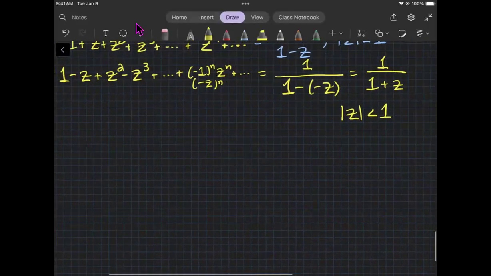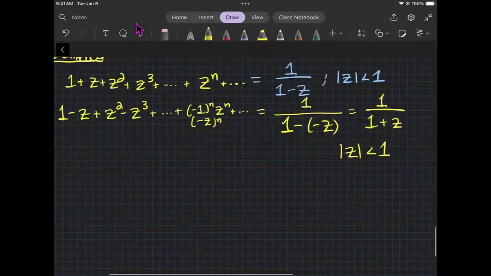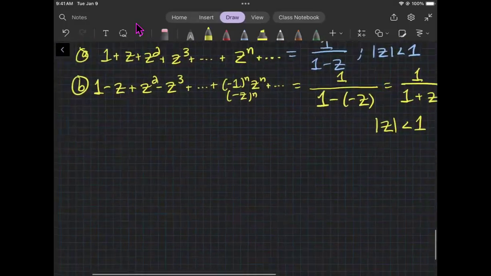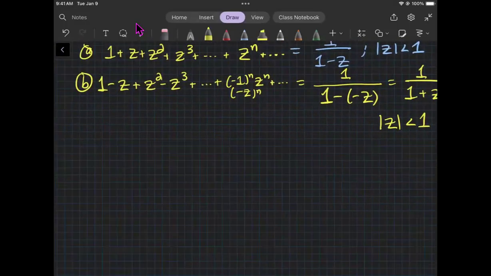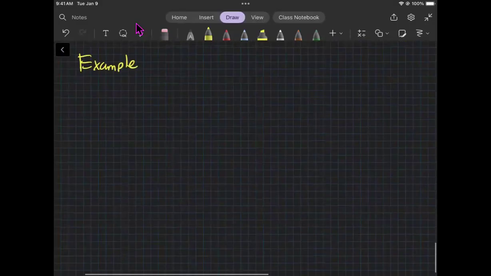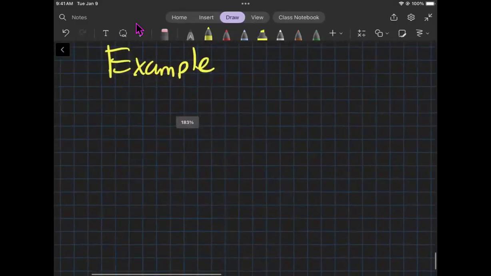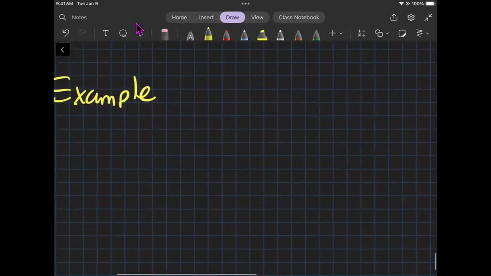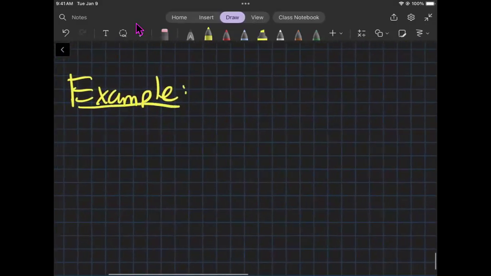Those are pretty recognizable geometric series. Here's an example.